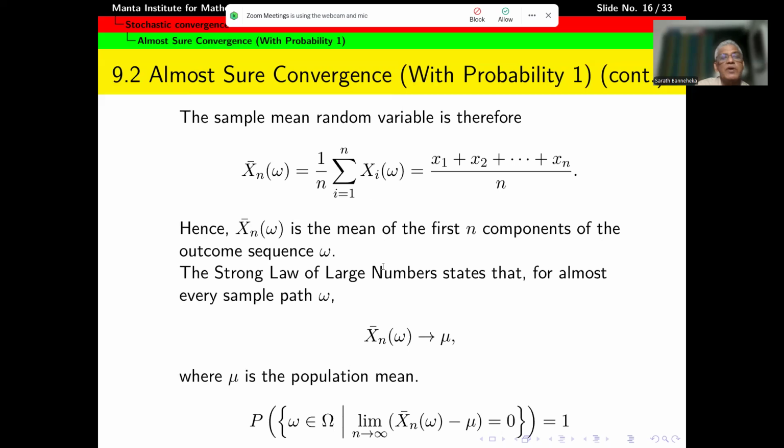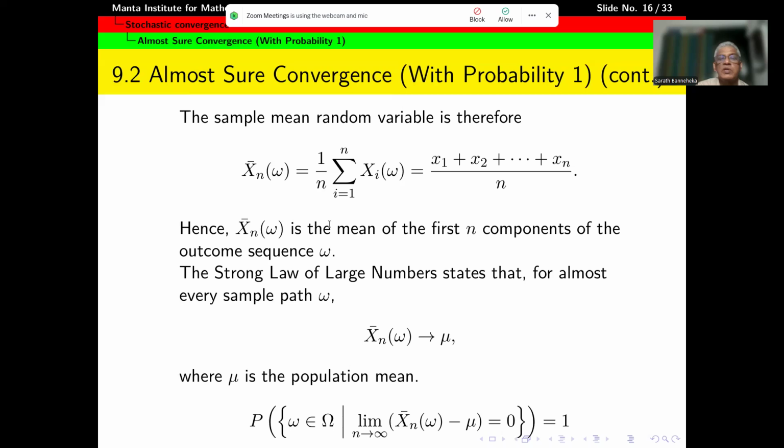And also let us define xn bar omega to be, so that is another random variable, xn bar omega to be the average of the first n elements in omega, right? So here xn bar is the function, we are evaluating it at omega. So let us define xn bar omega to be the average or the sample mean of the first n elements in omega, right?